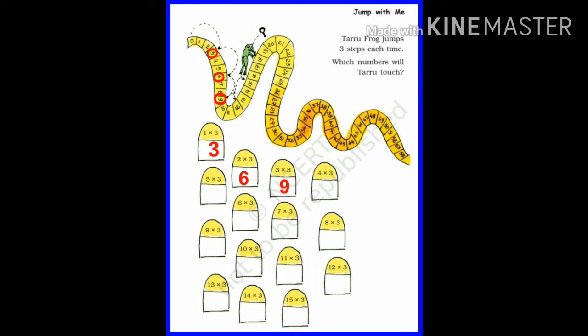So, in the box where 4 into 3 is written, we will write 12. Again from 12, if you jump 3 steps, you will get 15, then 18, 21, 24, 27, 30, 33, 36, 39, 42 and 45.